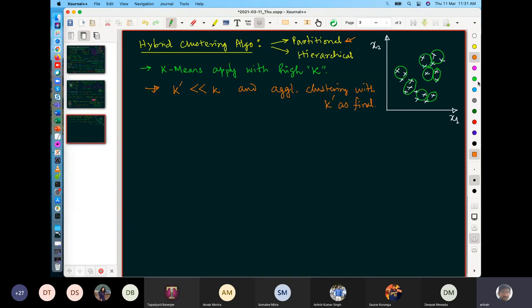So now these big clusters are in my hand, and I go on applying my hierarchical clustering algorithm. As you know, if I want 3 clusters, I cut here. If I want 2 clusters, I cut here, and essentially this will be formed.